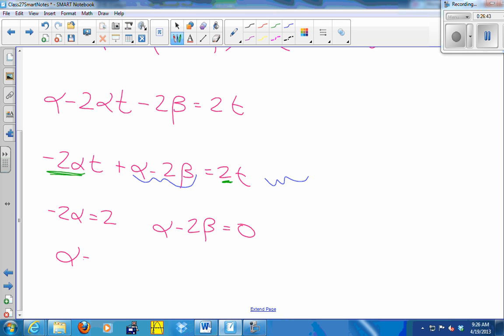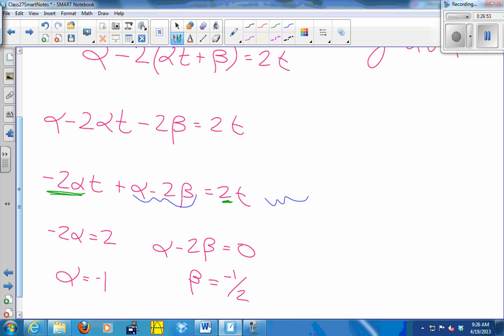Okay, so that means alpha has to be -1, and beta has to be -0.5. So my y particular is going to be alpha t, -t, plus beta, minus 0.5.